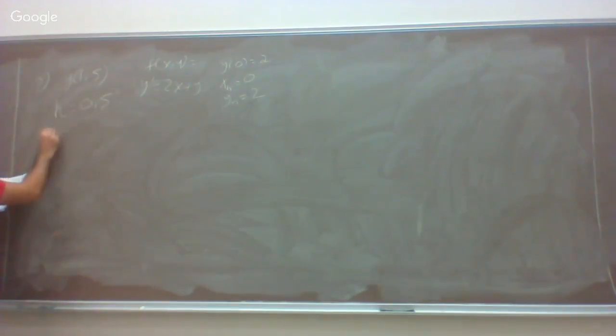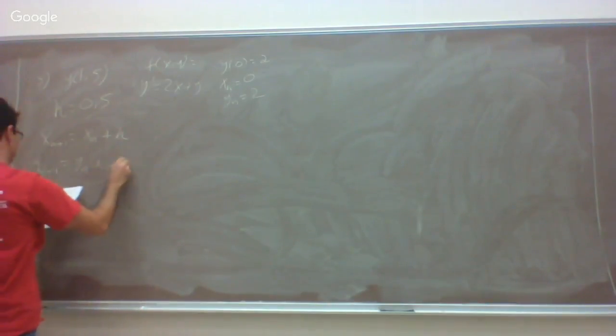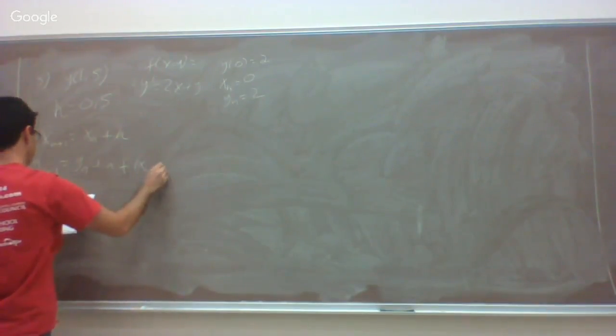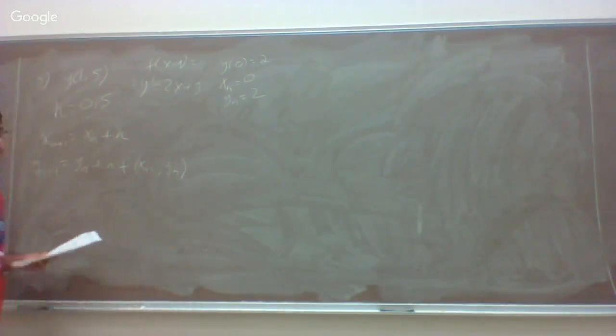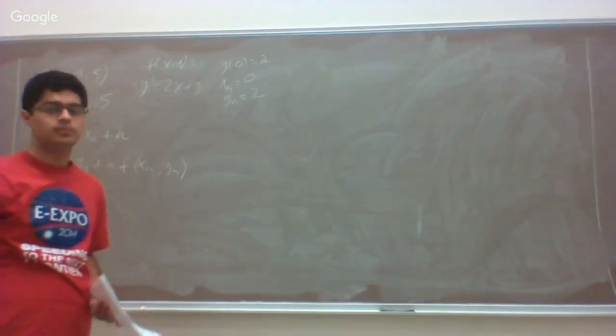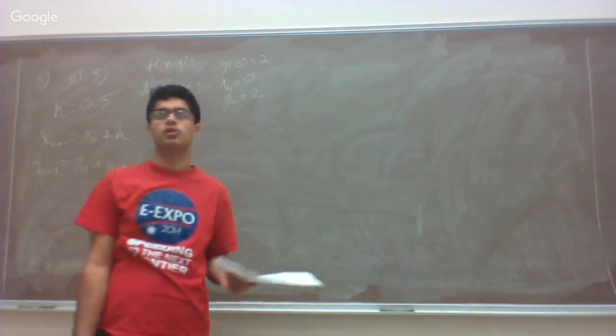They tell us that x sub n plus 1 is equal to x sub n plus h. Y sub n plus 1 is equal to y sub n plus h times the function of x sub n, y sub n. Okay. So they give you all this information. Essentially, the problem is a plug and chug, as long as you don't make algebra mistakes. Okay.